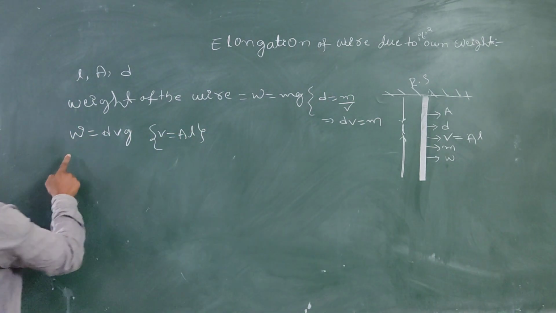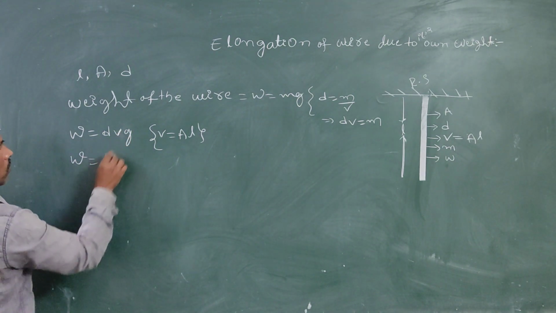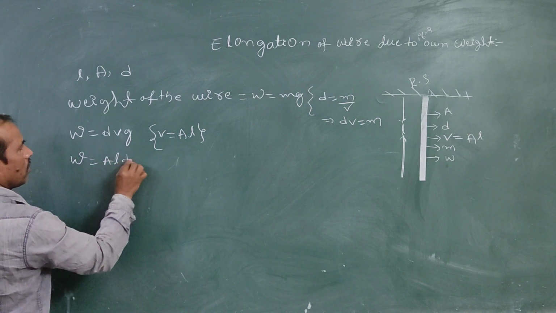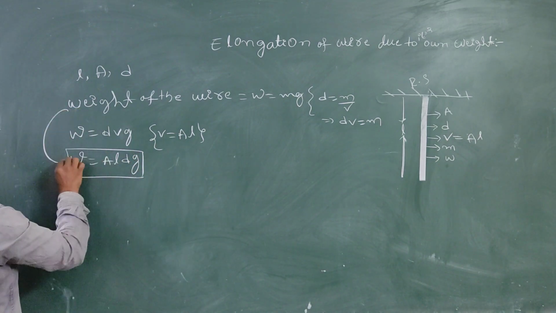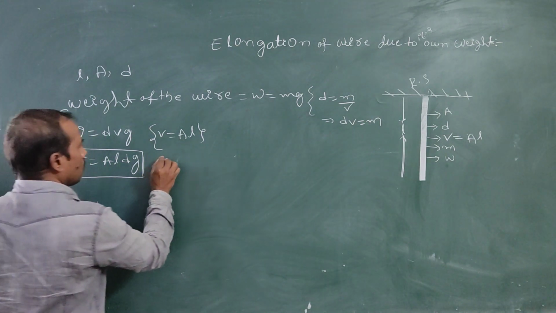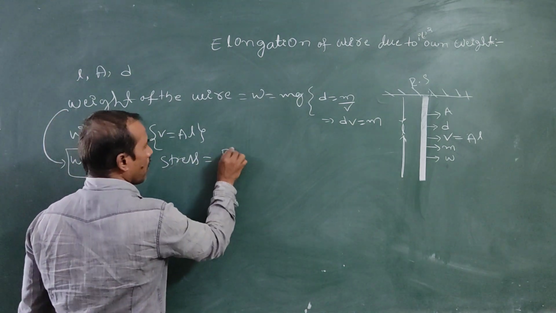Now the weight of that wire W is equal to ALdg. This is the weight of the wire initially. Now stress is equal to force by area.